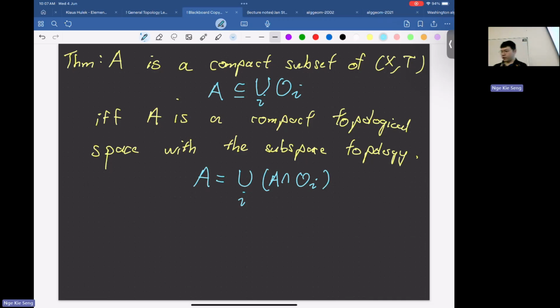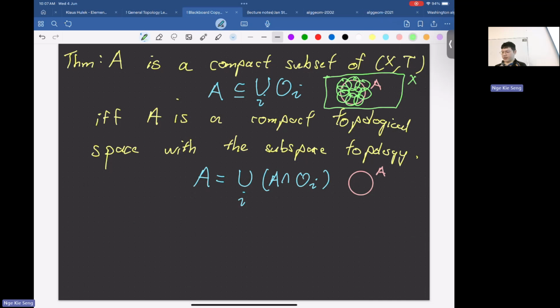So the picture in your mind, how should you imagine this? Let's say this one is A. For a subset, you should bear in mind that there's an X outside here, and then these O_i are just something like this.